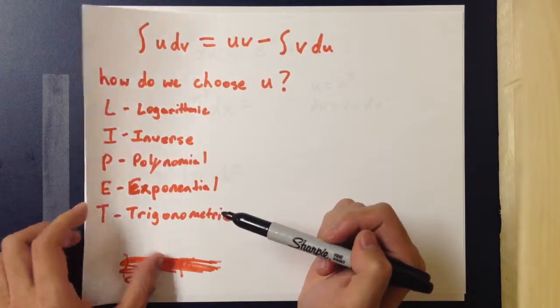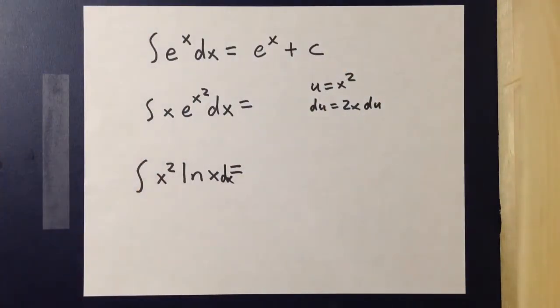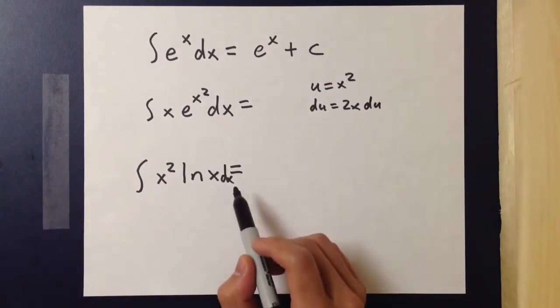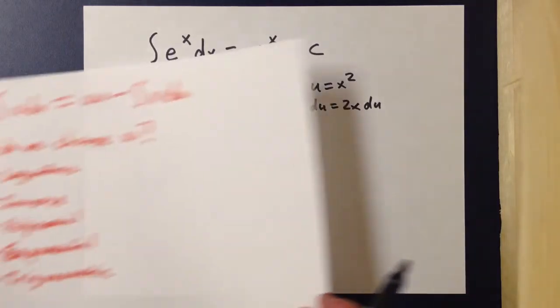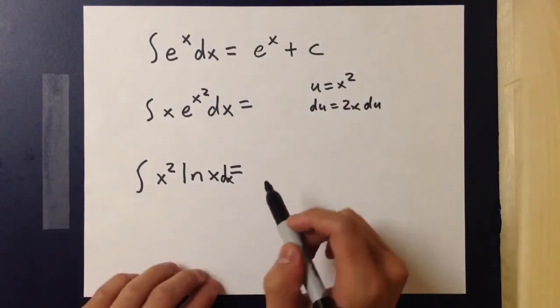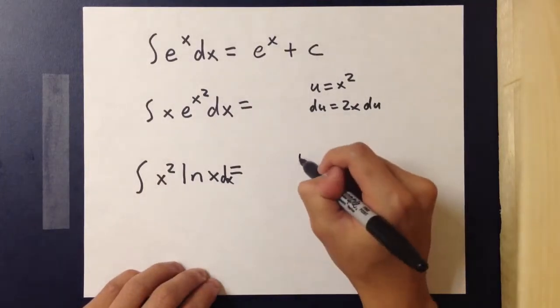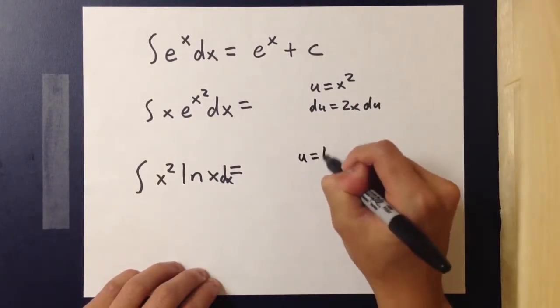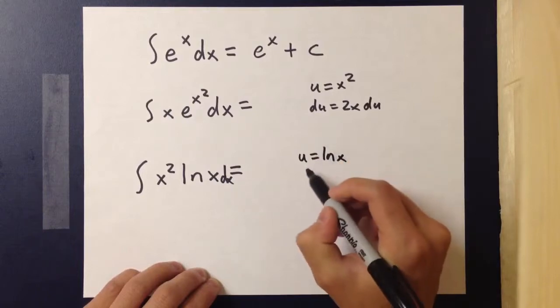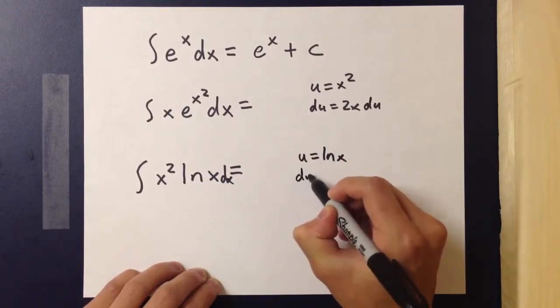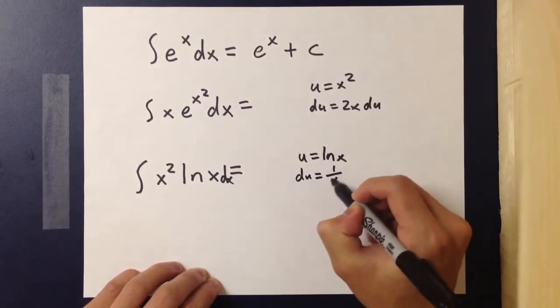So if we return back to this problem here, x squared natural log x dx. From our chart, logarithmic is first, and there is a logarithm here, so we'll set that as our u. And subsequently, du is equal to 1 over x dx.